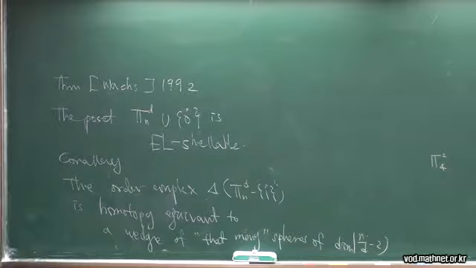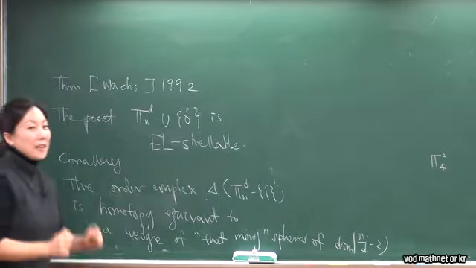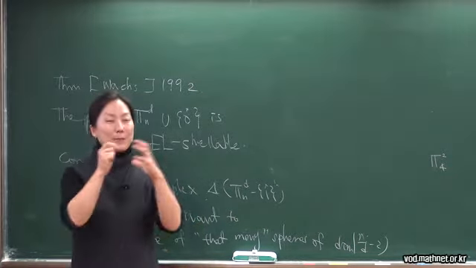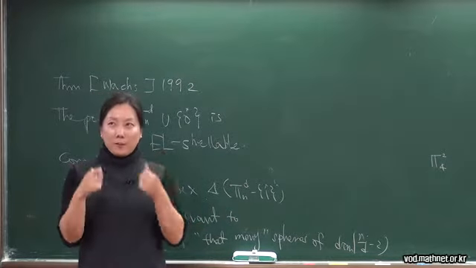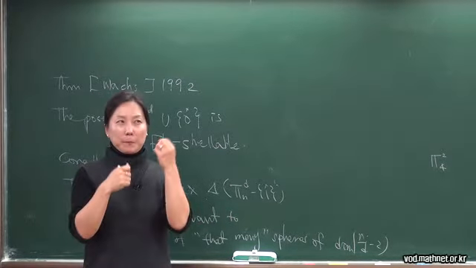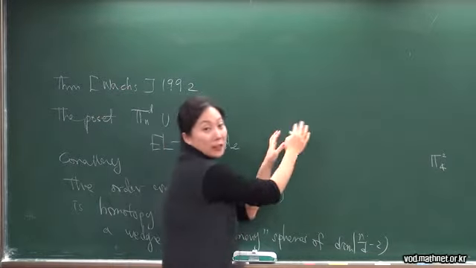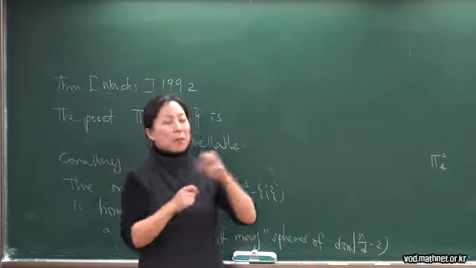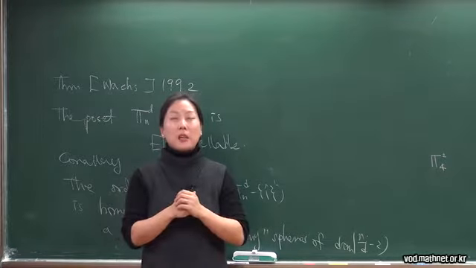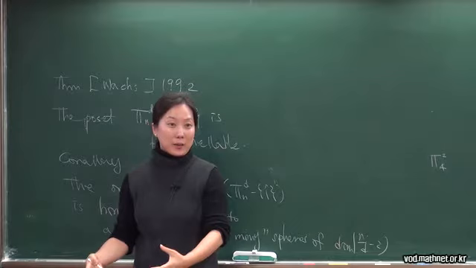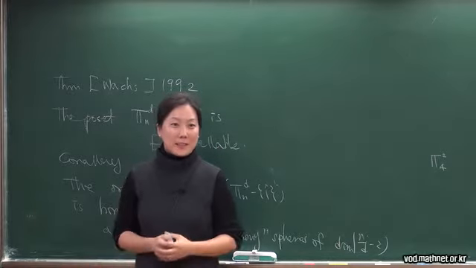I don't know what is shellable. Okay, EL shellable means, if you can give some labels for the edges as I did here, right? Then EL shellable means you can give the natural shelling for your order complex. Okay, that is the EL shellability condition.